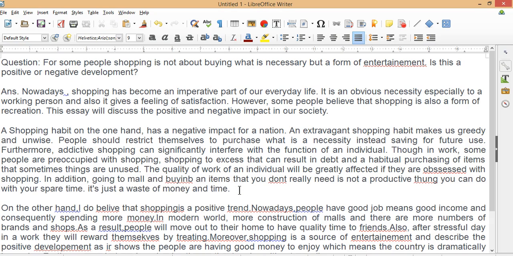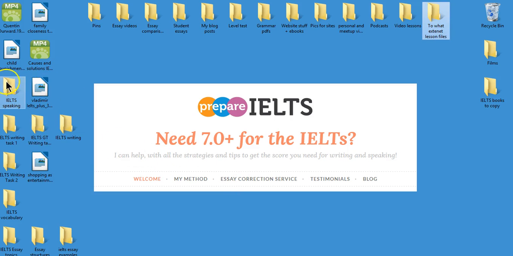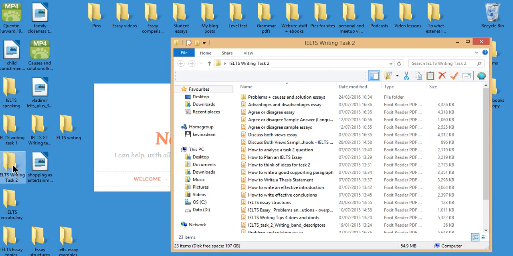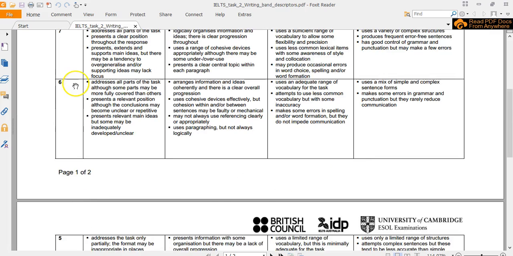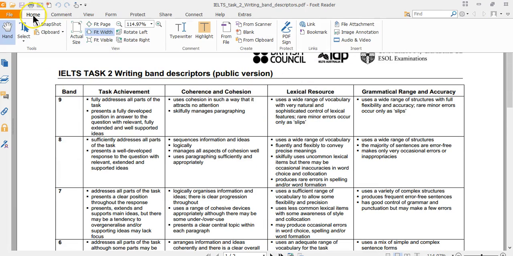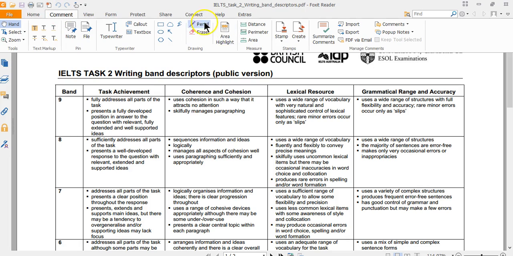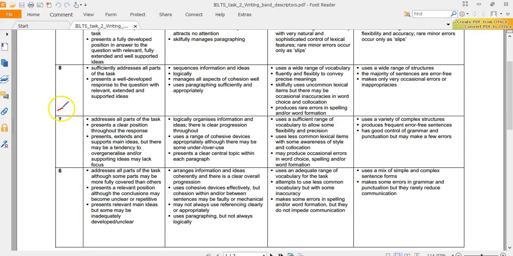What the criteria calls for is a logical progression of ideas. I suppose I'll have to show you what I'm talking about, so I didn't really want to. Okay, if we look at the official criteria, so this is the official British Council, University of Cambridge criteria. We need a logical organisation of information and ideas, a clear progression.